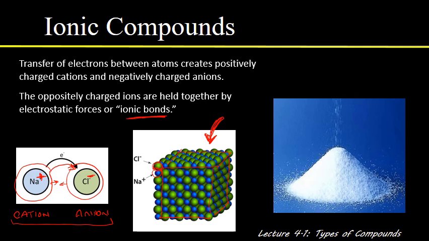A lot of the transition metals form ionic compounds with really nice colors, purple and green and orange. But generally speaking, because they have positive and negative charges, ionic compounds form these nice crystals, and in the macroscopic state they appear as crystalline solids.